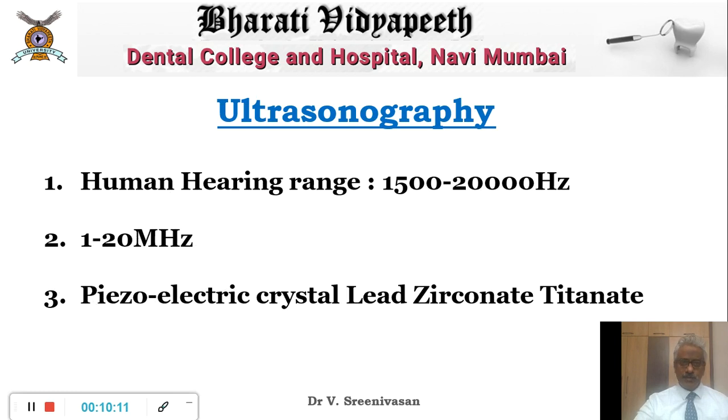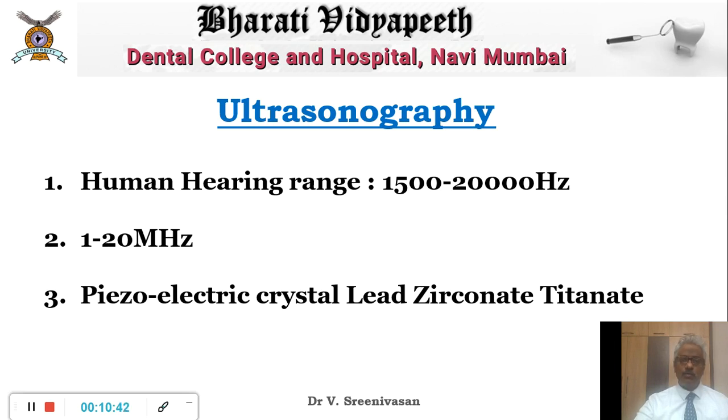Now a few basic facts about ultrasound. Human hearing ranges from 1500 to 20,000 hertz, 20 kilohertz. So when you go beyond 20,000 hertz, you enter what is known as the ultrasonographic range. When that 20,000 hertz is multiplied by another 100 and becomes 2 million, that becomes 2 megahertz.